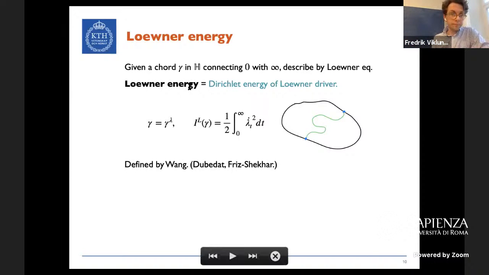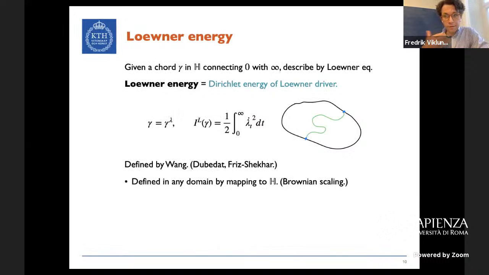And then by definition, the Löwner energy of this chord is equal to the one-dimensional Dirichlet energy of the driving function, just like this. And this was defined by Yilin in her thesis, but was also considered independently, and not really systematically in the same way, also by other people.